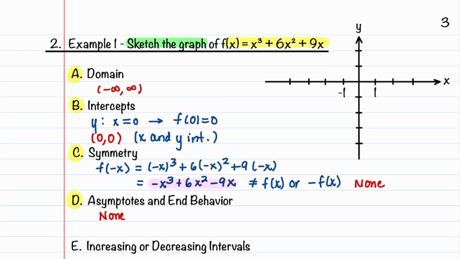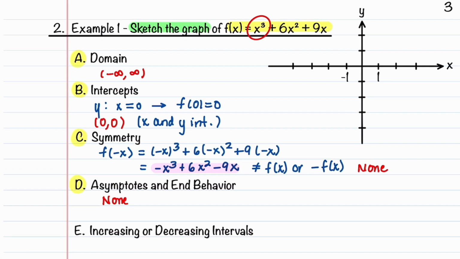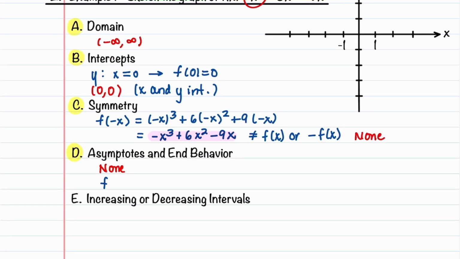One thing that is really nice when we look at end behavior is that when we have a polynomial, the end behavior is going to be solely dictated by what we call our leading term, which is x cubed in this function. So all we really have to do is look at x cubed. So we can say that f at infinity is approximately x cubed, which is infinity cubed.